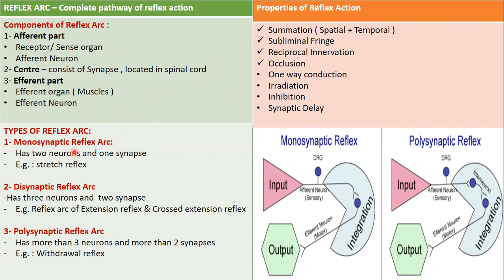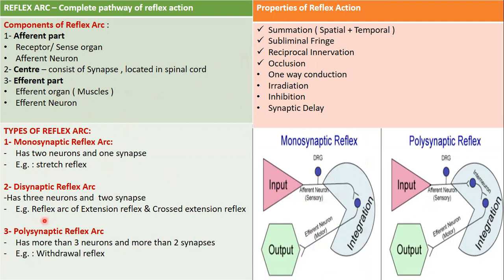Then we have the types of reflexes, that is monosynaptic, which has two neurons and one synapse. Here you can say we have two inputs and one synapse. So it is the stretch reflex. Stretch reflexes are basically the knee reflex and jaw reflex, and they are concerned with our tendons.